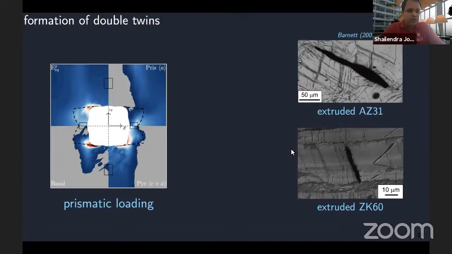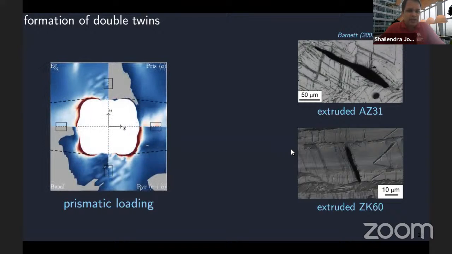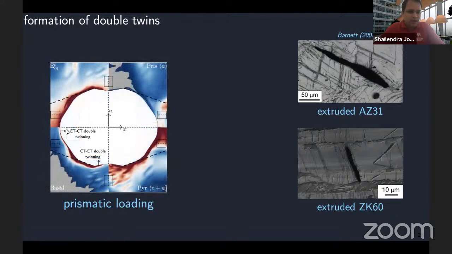What our simulations also show is that as deformation starts to occur, the beauty of crystal plasticity is that it can naturally pick up these emergent behaviors. So we indeed observe some kind of double twinning where you have extension twins and contraction twins.